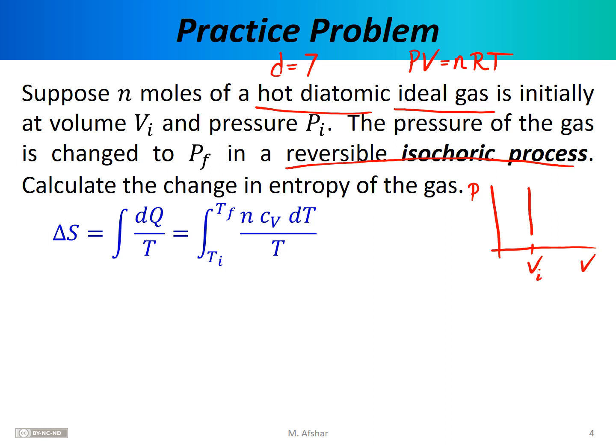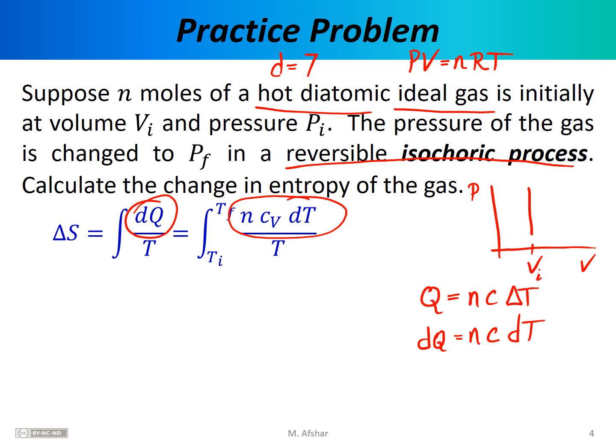And we remember that whenever the temperature of something changes, the amount of heat required, Q, is given by this expression here, where n is the number of moles or the amount of substance, C is the molar specific heat capacity, and delta T is the change in temperature. We're now essentially using the infinitesimal version of this formula, which says dq is equal to nC dT. So essentially, I'm replacing this dq by nC dT.